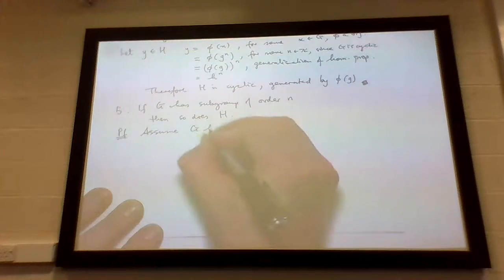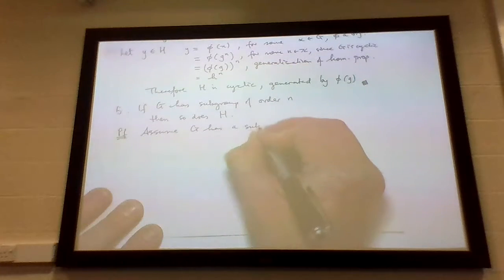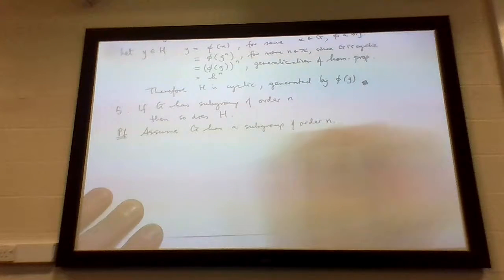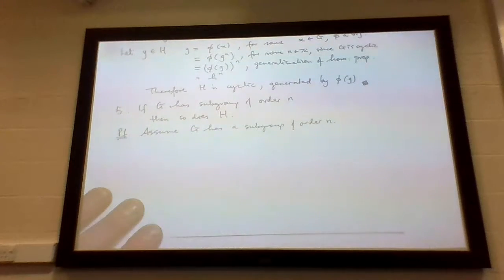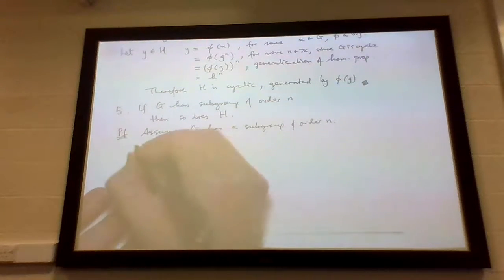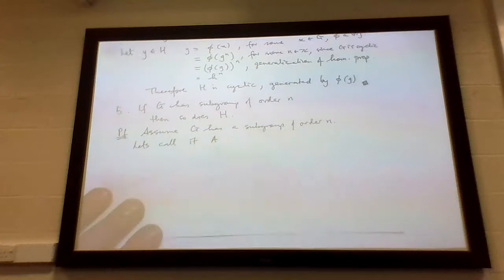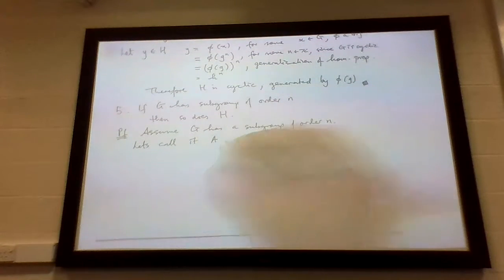What we're assuming is, and crucially, we've got to name it. Once you name it, everything else follows. Let's call it A, a subgroup of G of order n.